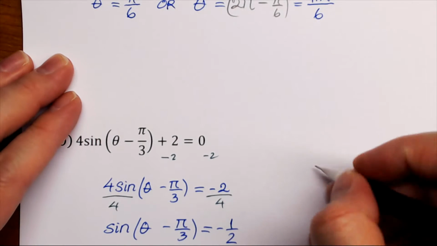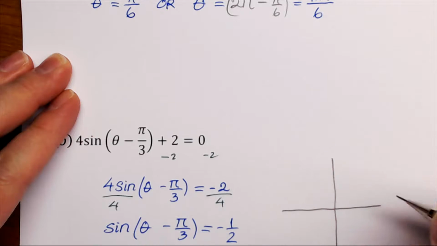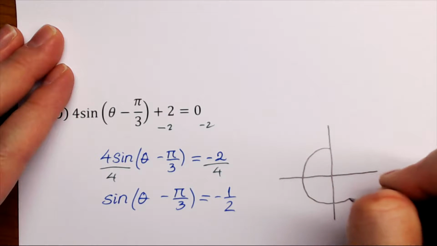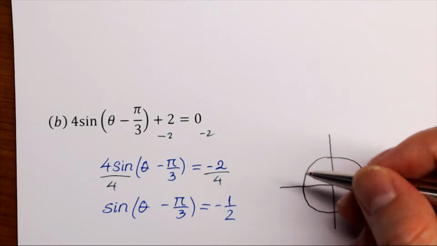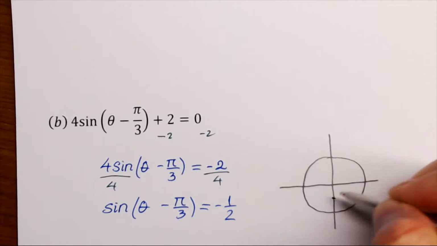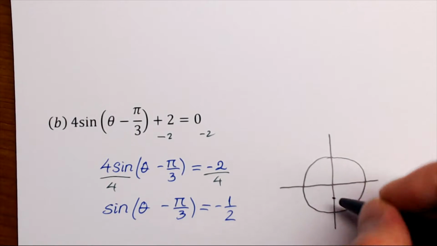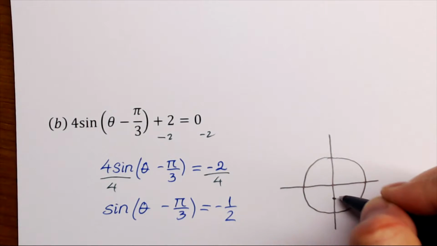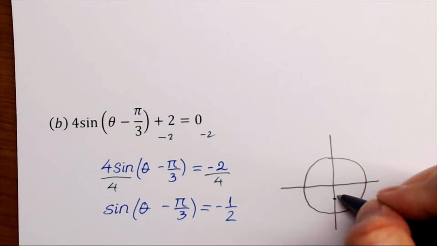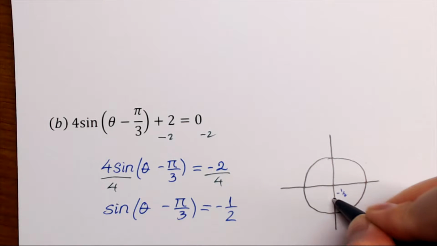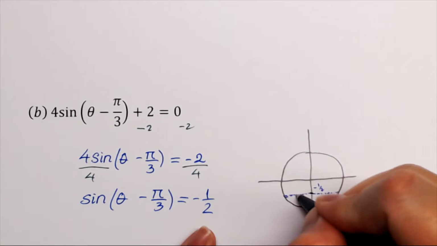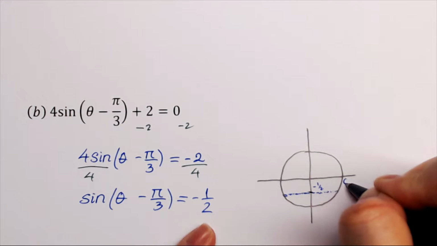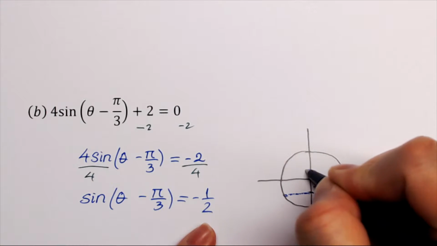And again we draw the little unit circle. The sine function is associated to the y values, so negative 1/2, kind of halfway there. And for that we're going to have two values here that have the same y values of negative 1/2. If we go from 0, then we will go all the way to here.